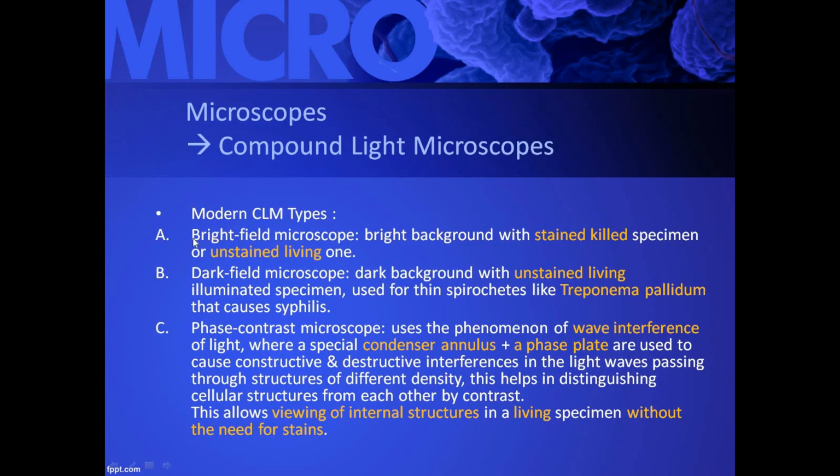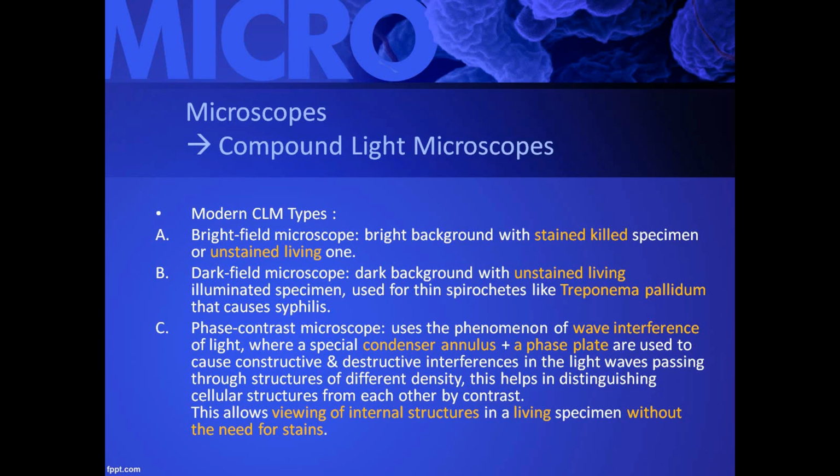So starting with the bright field microscope, this is the easiest one to use. It has a bright background, and we can use it for stained specimens or unstained specimens. It's better to use it for stained specimens because the background is white and the unstained specimens will appear white also.